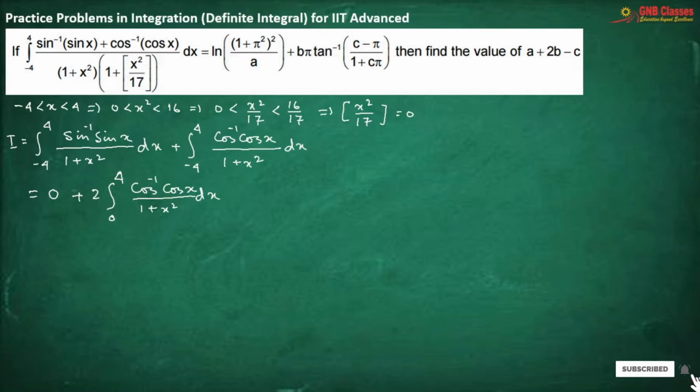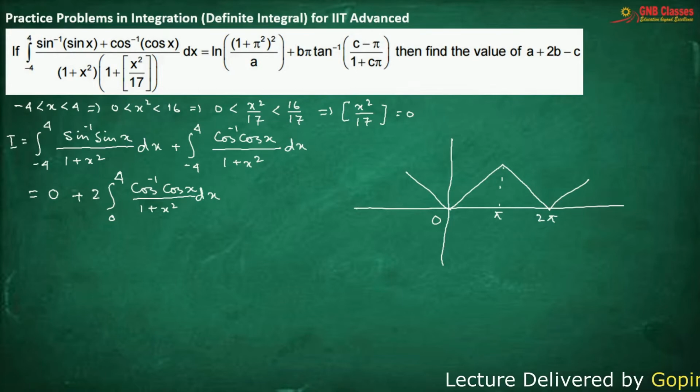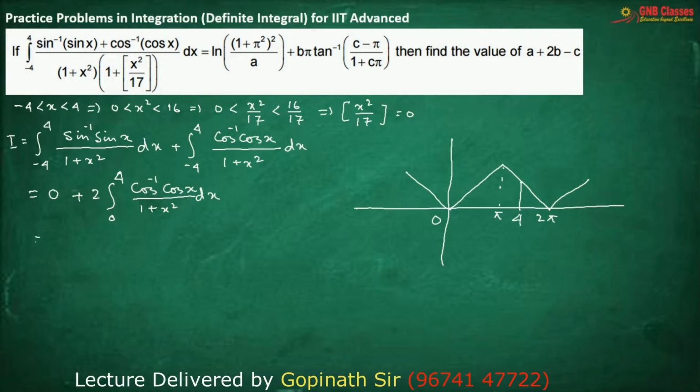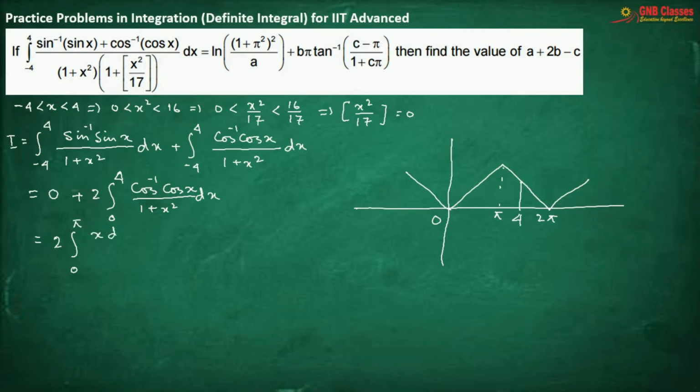Absolutely. Okay. Now if we draw the graph of cos⁻¹(cos x) again, this is 0, π, 2π, and so on. Now the limiting value of the integration is from 0 to 4. This is π, so 4 will be somewhere here, right? Therefore, for the integration from 0 to π, cos⁻¹(cos x) can be written as x. So the integration becomes the integral from 0 to π of x dx/(1 + x²).